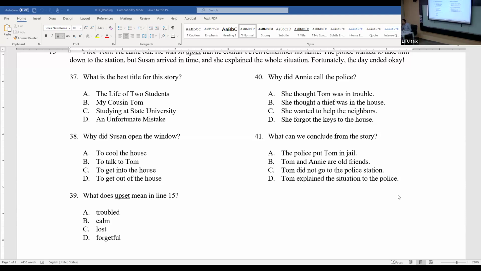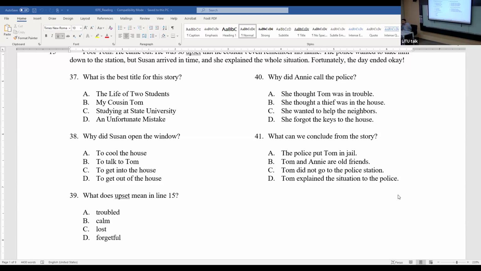To answer this item correctly, you have to first understand the whole passage, right? That'll be really challenging for marginal A2 students, right? And then the answer is C, Tom did not go to the police station.